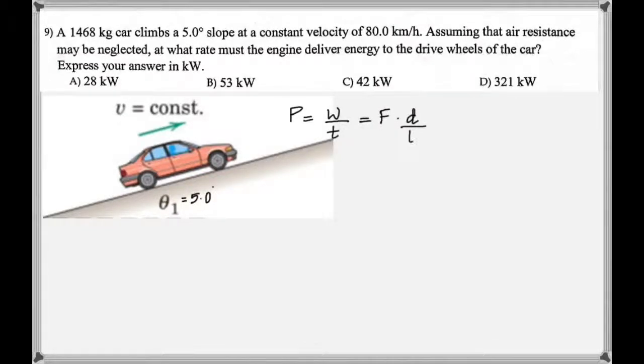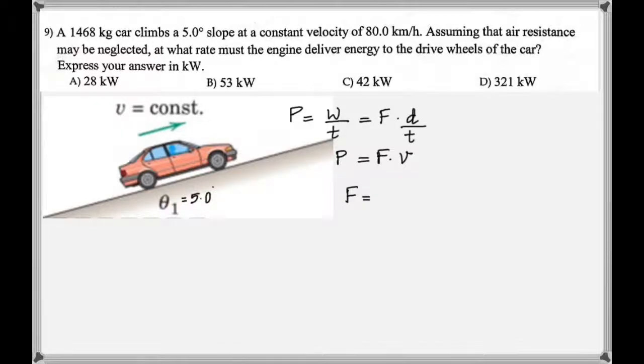But work is force times distance, and distance by time is velocity. So we get a new formula for power, which is force times velocity. Now the velocity is given here in kilometer per hour, but we can change that to meter per second. So all we need now is the force.